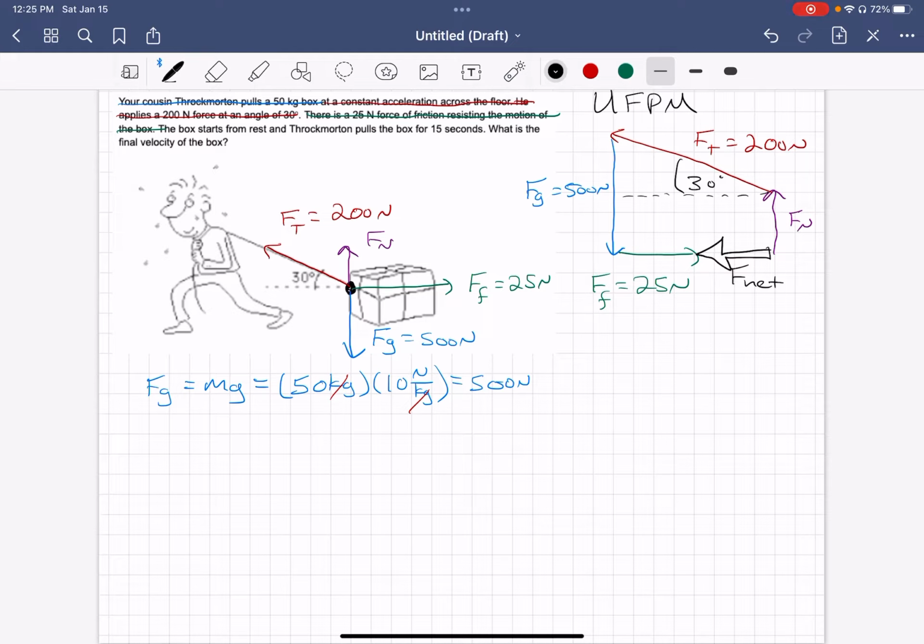Now that I have my vector addition diagram, I can use it to find how big that net force is. If I imagine a triangle where this tension force is the hypotenuse and this dashed line is the base, my force of friction plus my net force, these arrows combined, must be the same length as this dashed line. So this is going to let me set up some math.